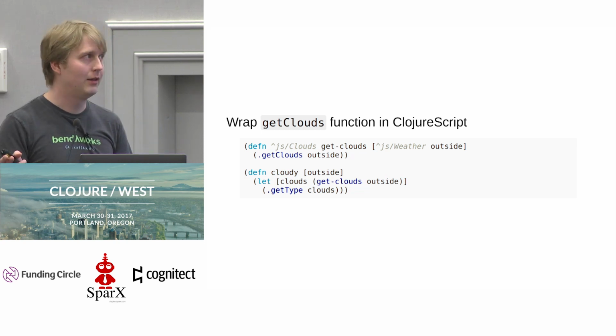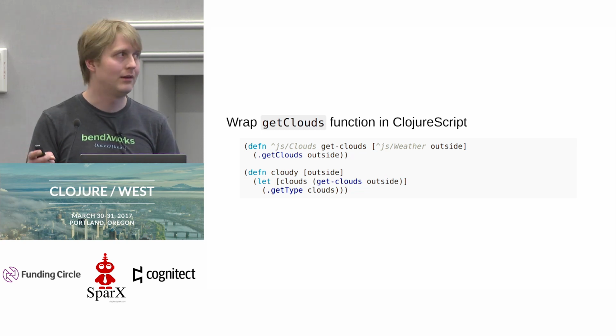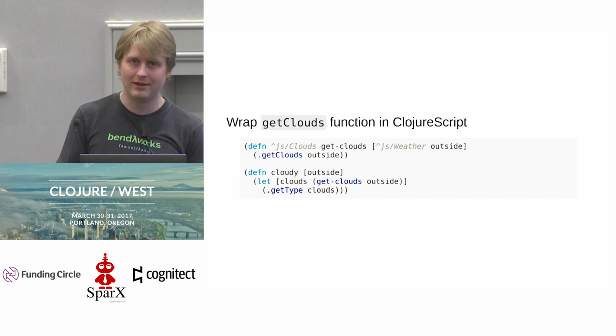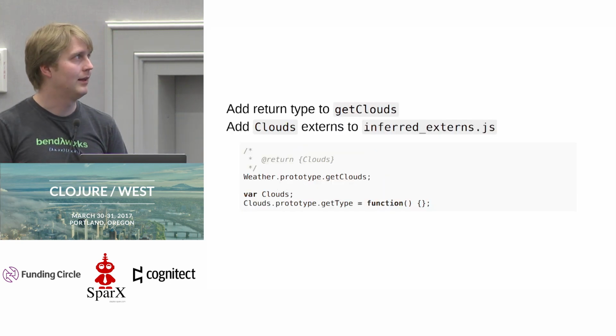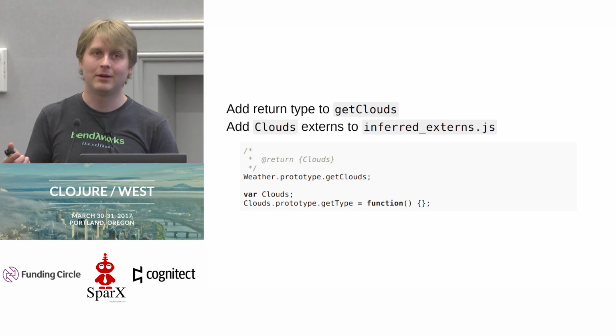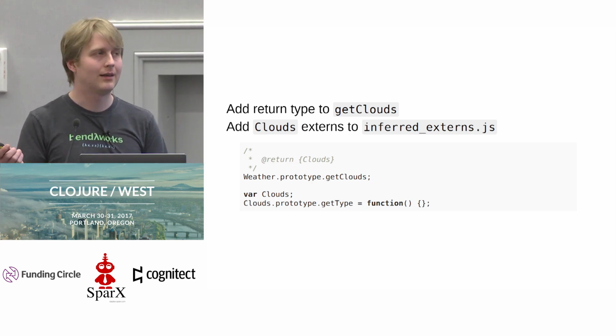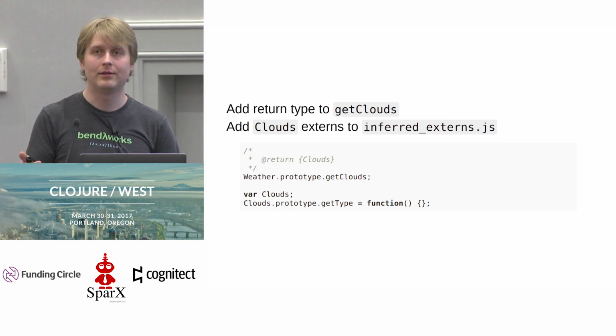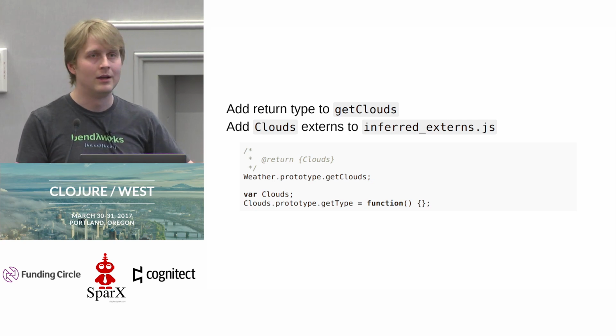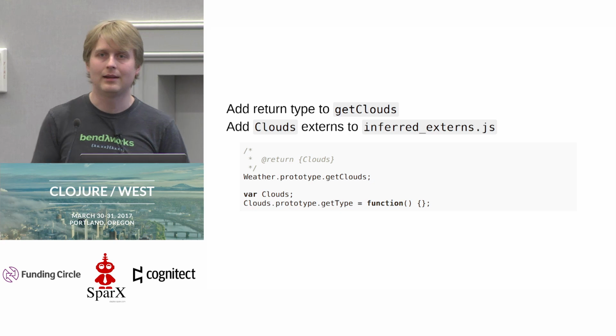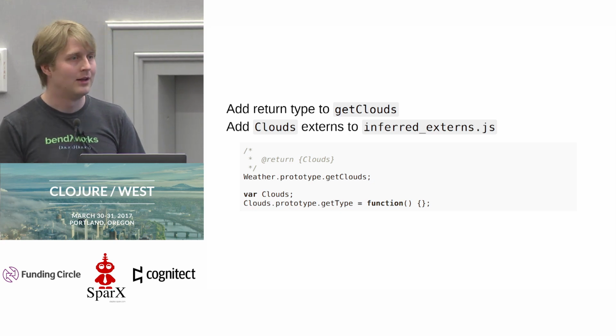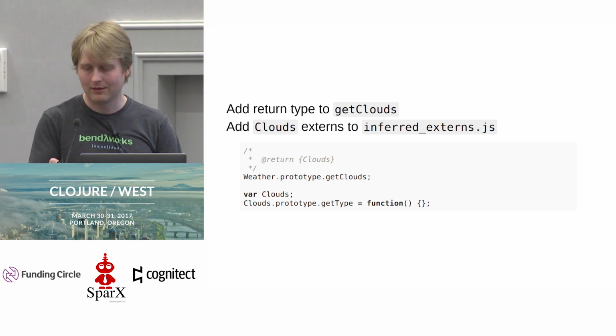And this will get compiled away during advanced optimizations, so you don't have to worry about bloating your code size. The second way is that we need to add the return type of clouds to getClouds, and we need to then add clouds to our externs file. As you can see here, we're putting in the JSDoc of returning clouds on getClouds and adding in the clouds and the getType function for getClouds for getType.